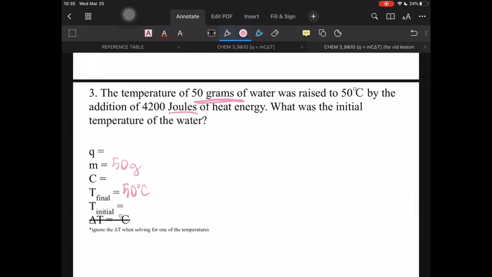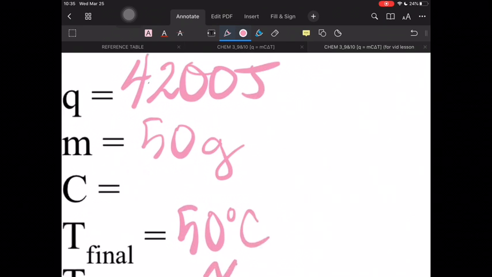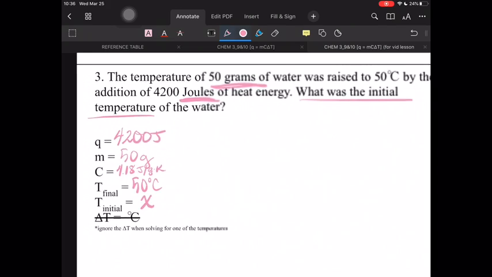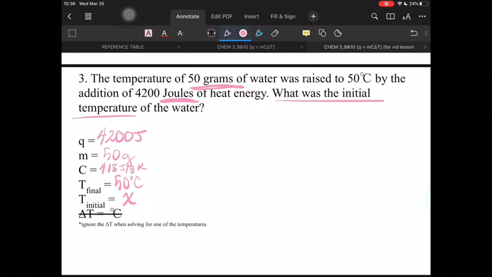So joules is our unit for heat. And what was the initial temperature? So that is our X. And what is C? Right on the reference table. Okay, so plug them on in: Q, M, C, delta T.